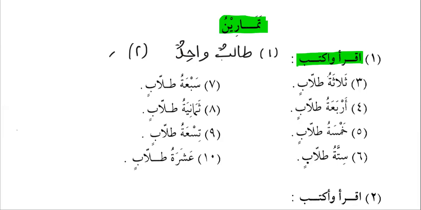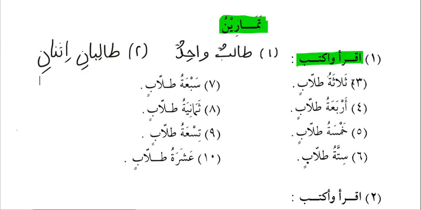Number 2. Now, so this would be 1 to 10, including the 2 I've just written. So counting to 10, as we said, we're using masculine nouns. So we would say طالب واحد, 1 student. طالبان إثنان, 2 students.